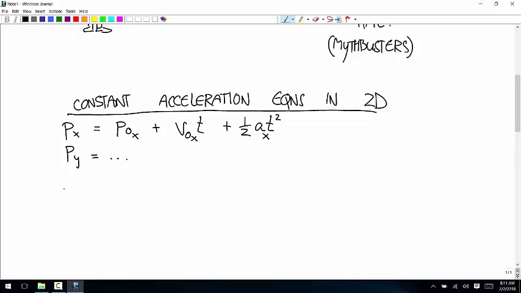And then the velocity ones: vx is equal to v0x plus ax t, and the equivalent one for vy.